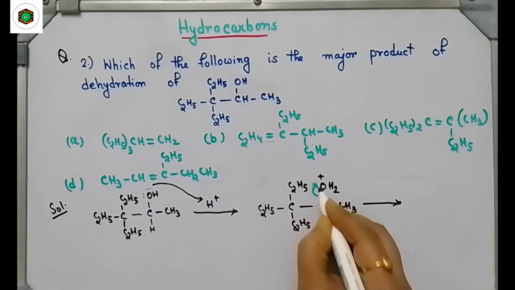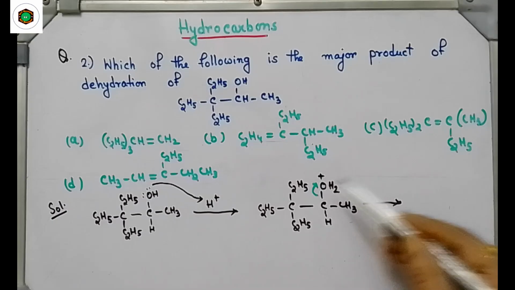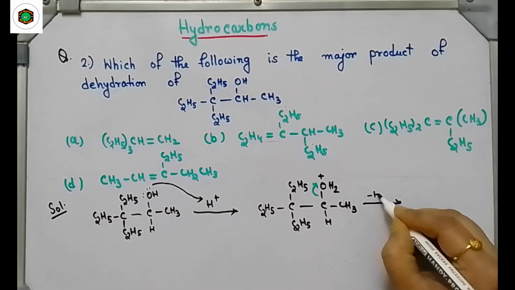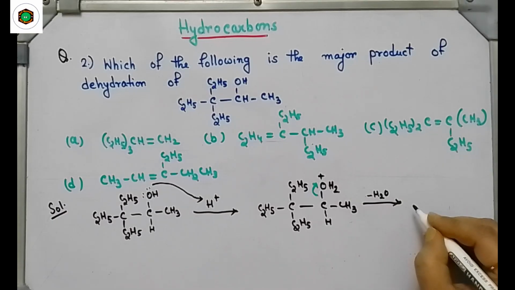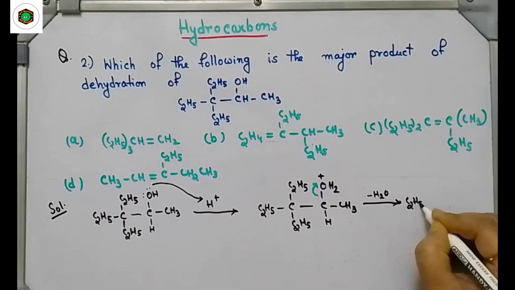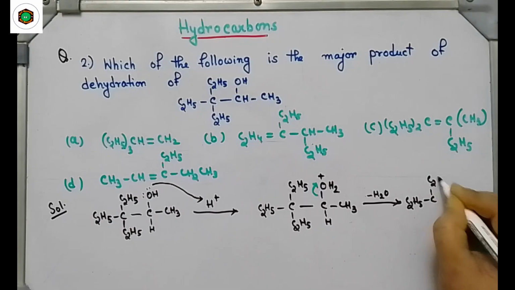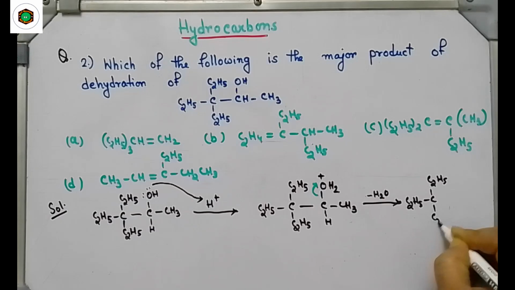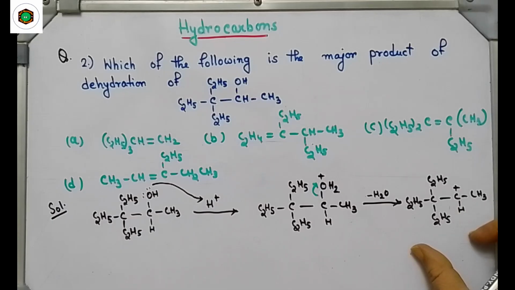Now break this bond to neutralize this positive charge. So by removal of water we will get this carbocation. With this carbon, 2 more carbons are attached, so this is secondary carbocation.